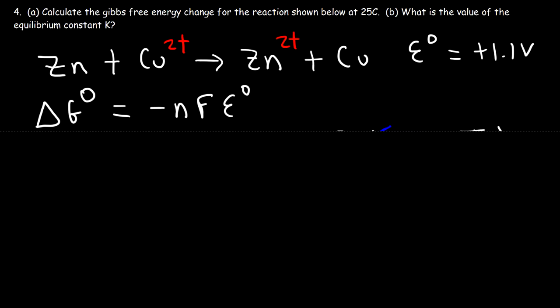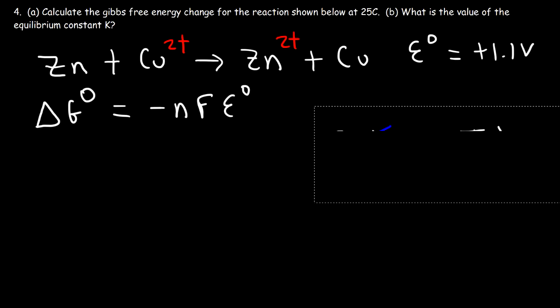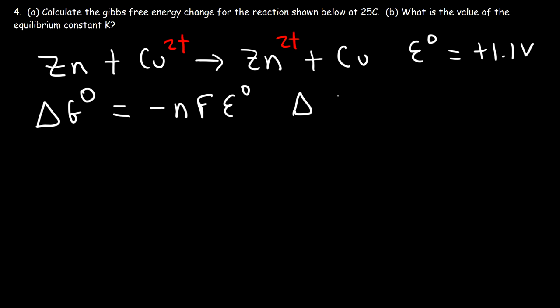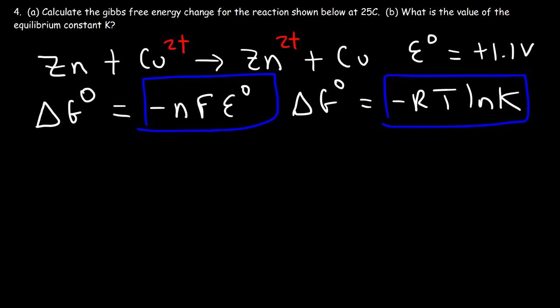What is the value of the equilibrium constant K? It turns out that delta G is also equal to negative RT ln K. So what we need to do is set these two equal to each other.